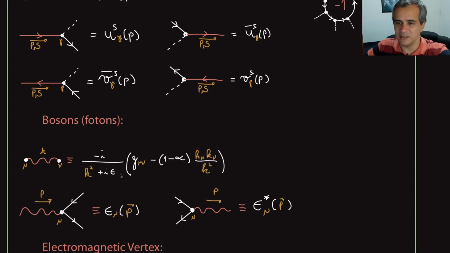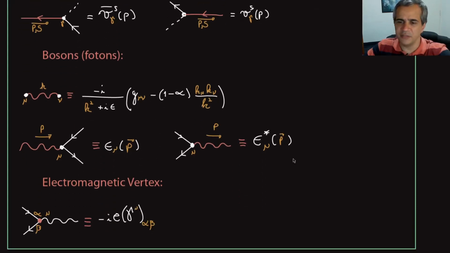It's much easier to integrate over this than this guy. And these are the rules for external photons, coming in or going out. And same as the fermions, these encode the polarization.